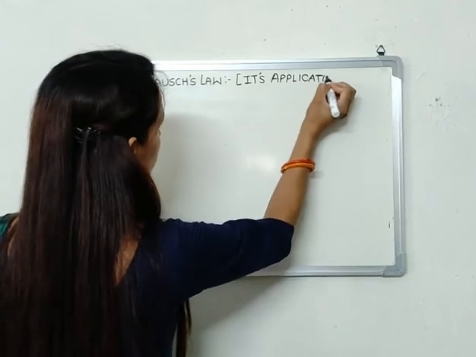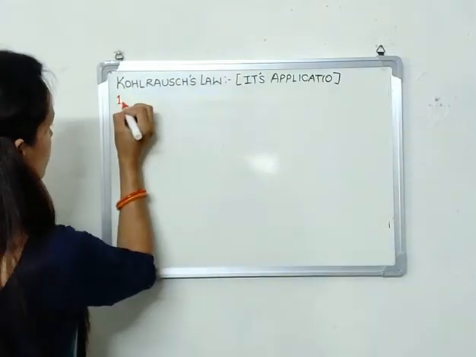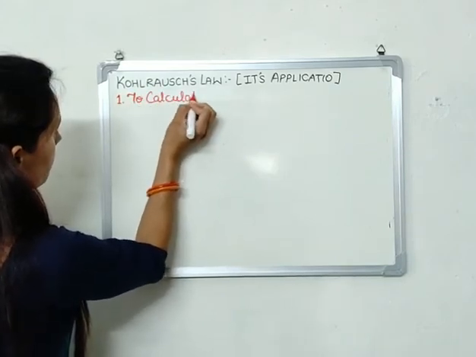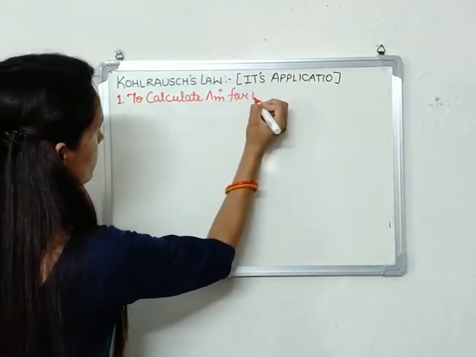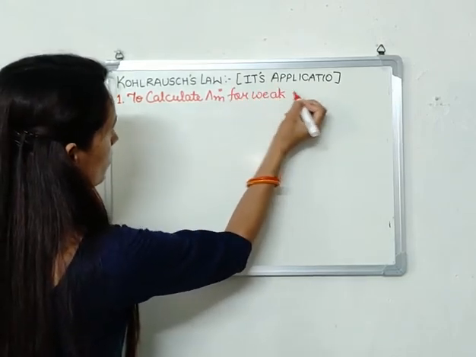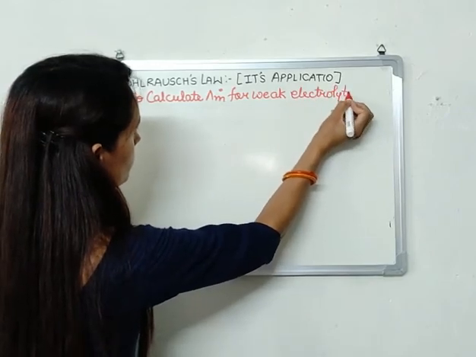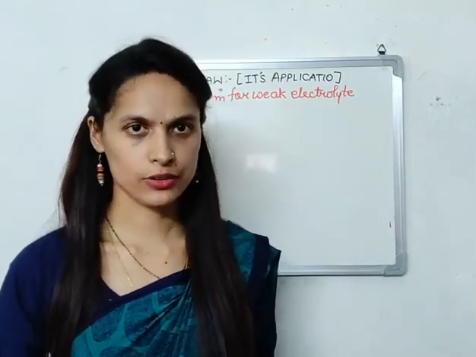Now, the very first application of KOHLRAUSCH'S law is to calculate lambda m naught for weak electrolyte.